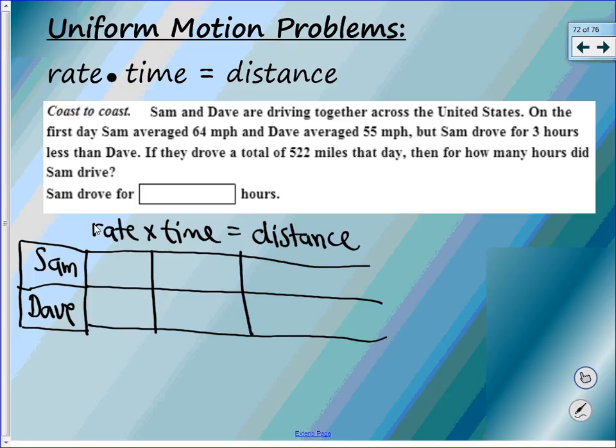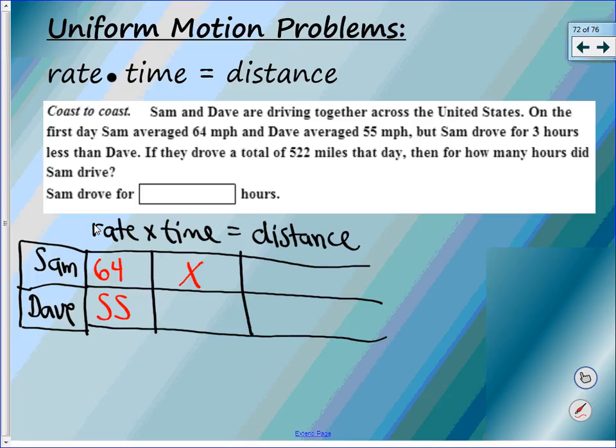Sam was driving 64, and Dave was driving 55. Sam drove for 3 hours less than Dave. And they want to know how many hours that Sam drove for. So because they're asking how many hours Sam drove for, I'm going to put Sam's time as x. You don't have to put what they're asking for as x, but if you're wondering what to put my variable as, that's a good place to put it.